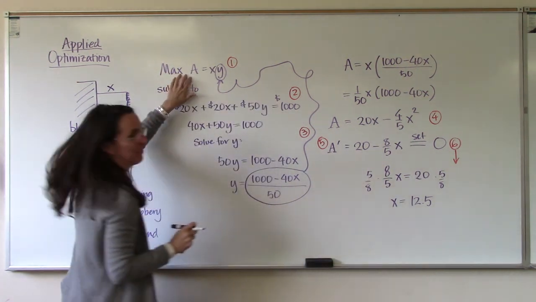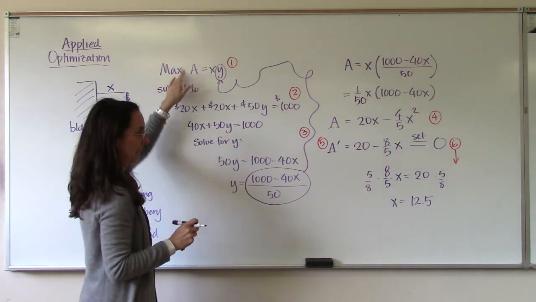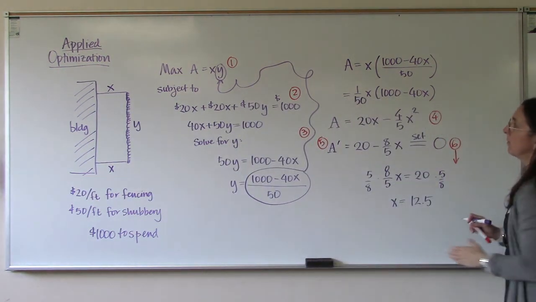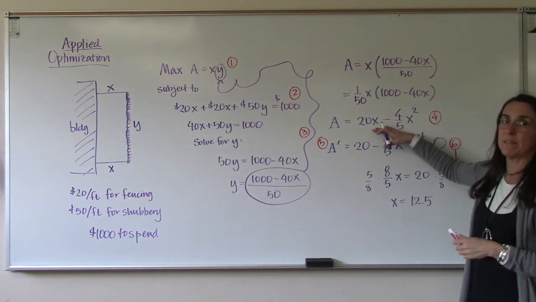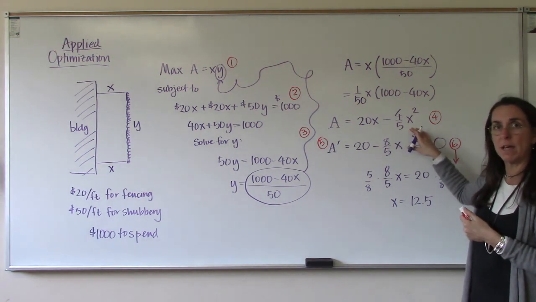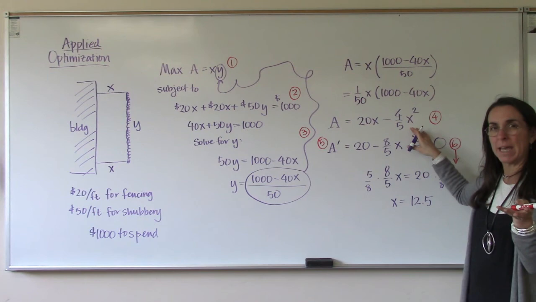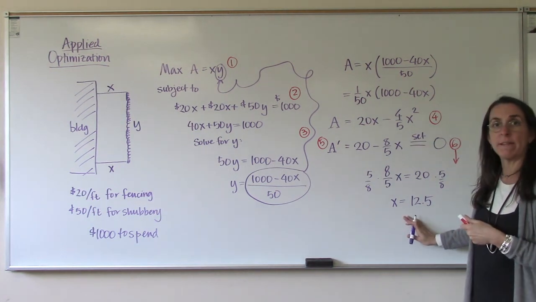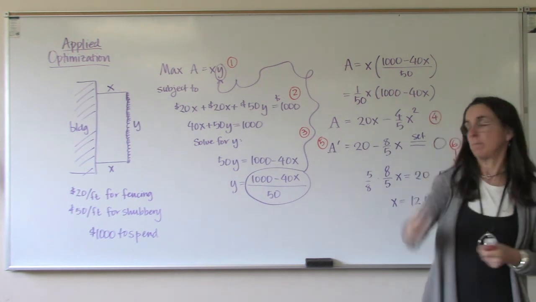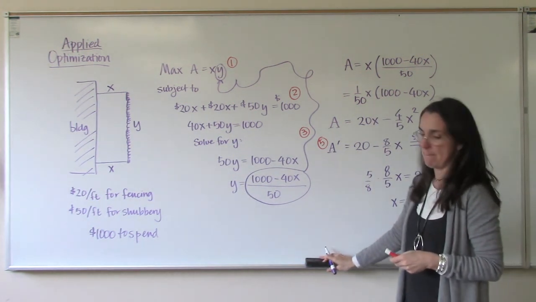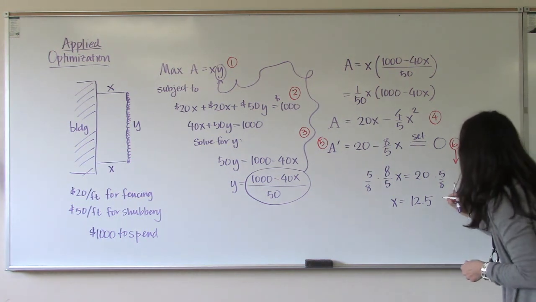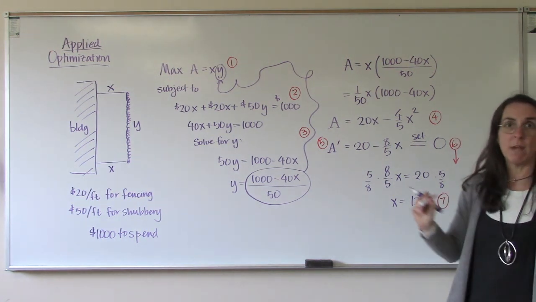How can I be sure? Well, you can graph it on your calculator if you want to, but I can see that it's a parabola that opens down, okay? So any critical point that I find has to correspond to the vertex. So I know this is good. I checked that this really is a max using my brain.